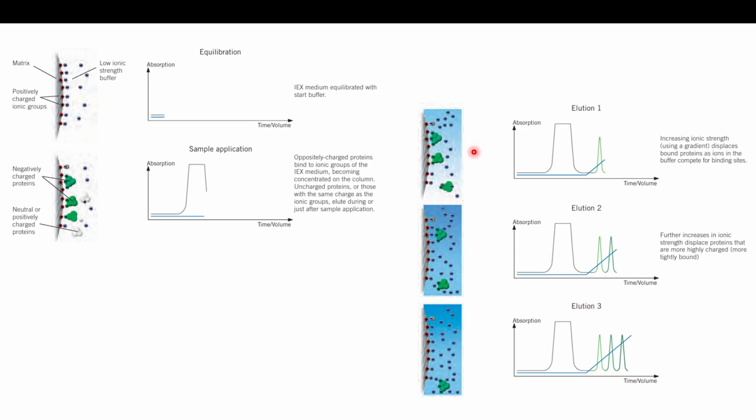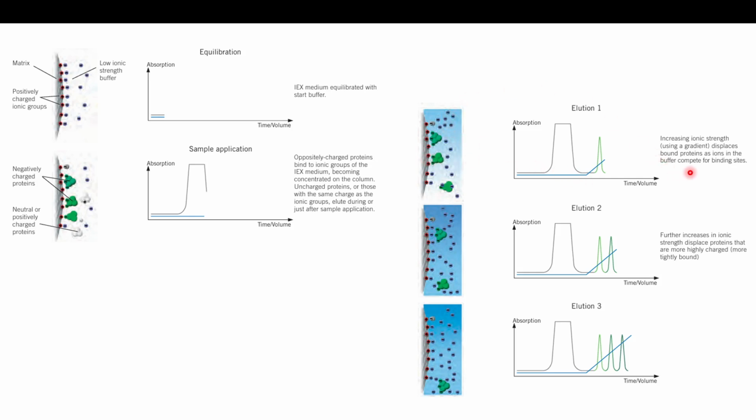Next, there can be different steps of elution or one step elution, depending on your standardized conditions or protocol. Slowly, you increase the ionic strength using a gradient, which displaces the bound proteins as ions in the buffer. The buffer is also strengthened eventually, wherein it has negatively charged moieties, which interact more strongly with the positively charged resins, thereby displacing the negatively charged proteins that were bound to the matrix.